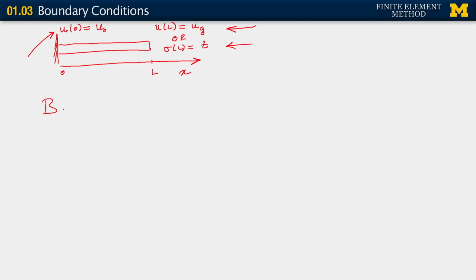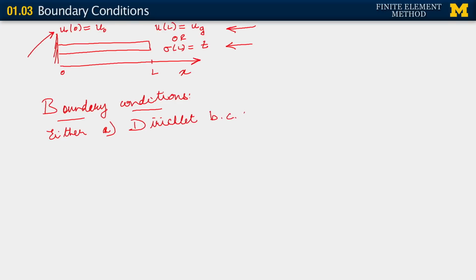So in terms of boundary conditions, we have either case A being Dirichlet boundary conditions.